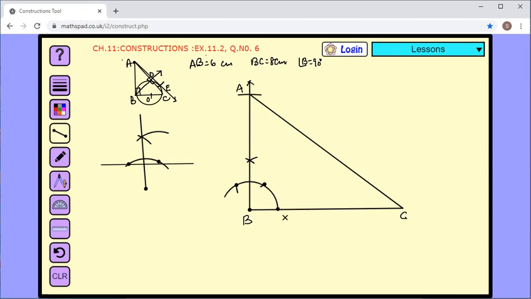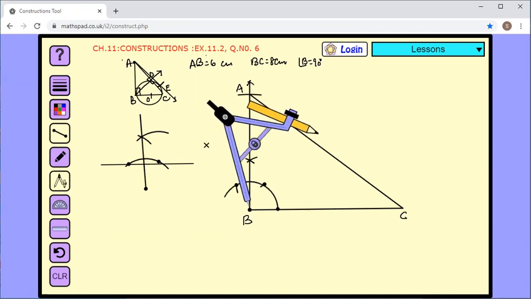Now visualize the same condition here. Here is the line and this point B is the point from where you have to draw a perpendicular to this line. So what will you do? You will put your compass here on this point, open the compass in such a way that it just crosses the line, a little bit of it.